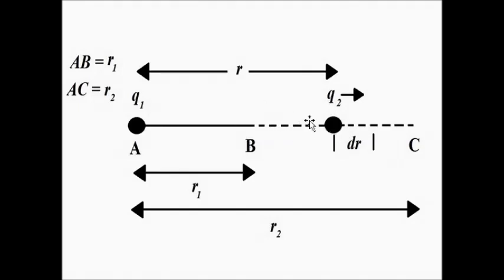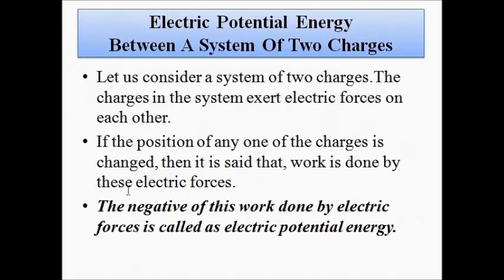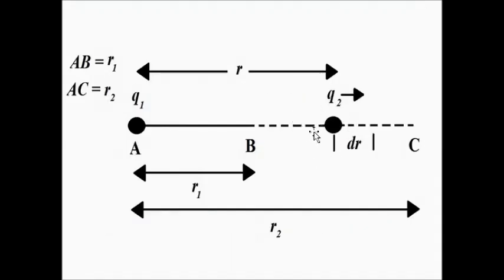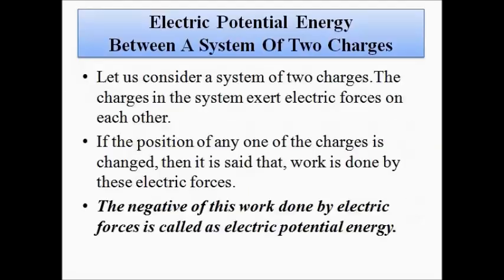The negative of the work done to displace the movable charge from one point to another is called the electric potential energy.